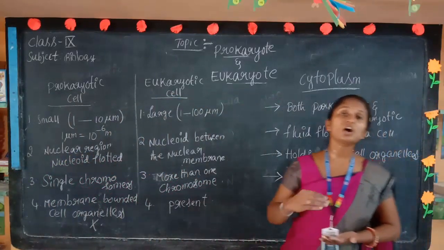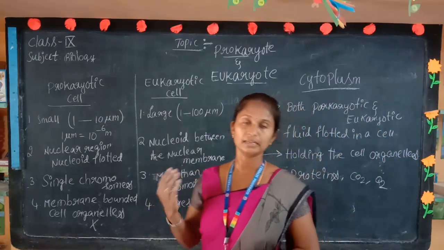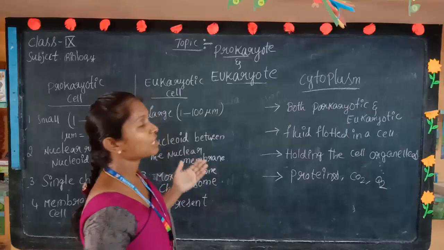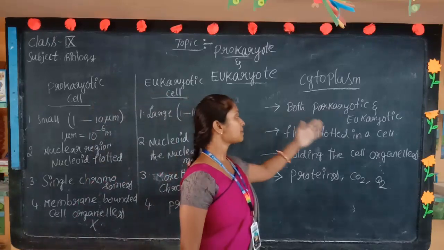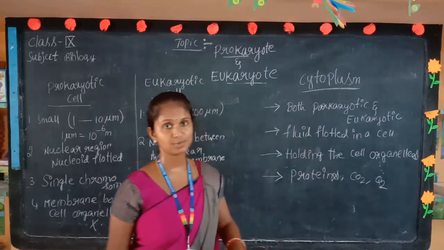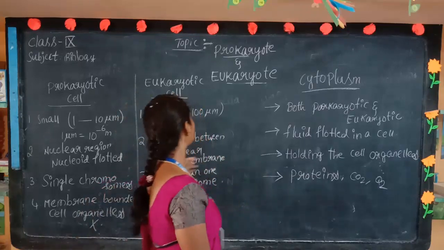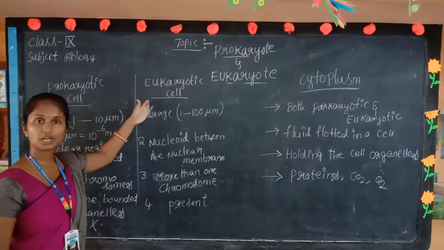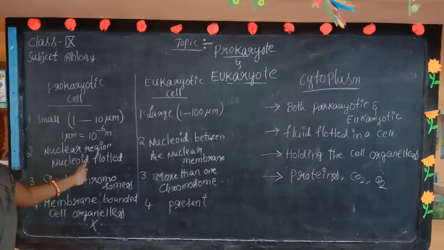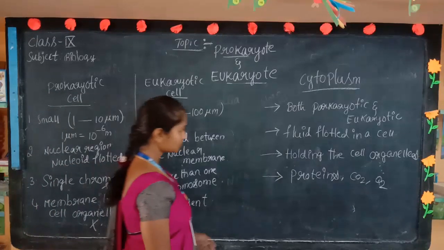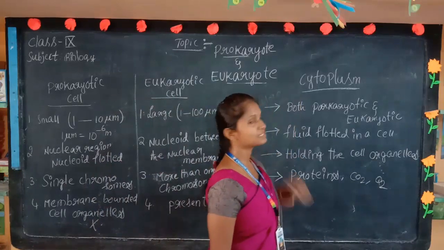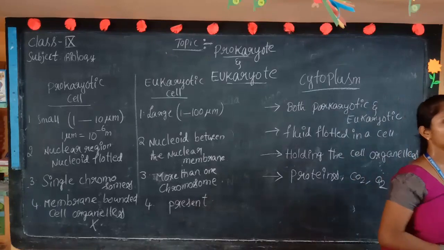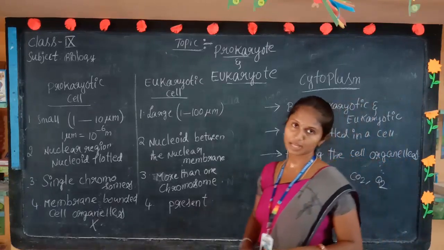We discussed the common parts present in both. And in the eukaryotic cell we discussed some parts of the cell organelles slightly. We also discussed the differences between prokaryotic and eukaryotic cells in this session, and also the cytoplasm. The cytoplasm is the common cell organelle present in both prokaryotic and eukaryotic cells.